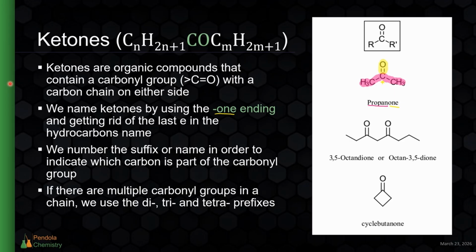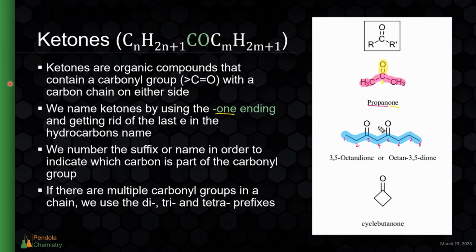So if we look at, for example, this one right here, we have a 1, 2, 3, 4, 5, 6, 7, 8 carbon chain with multiple carbonyl groups sticking out of it. So that makes it more complex. So we have 1, 2, 3, 4, 5, 6, 7, 8.